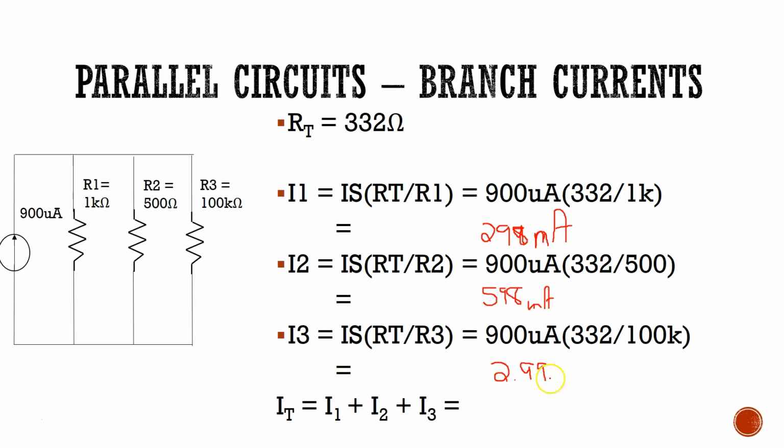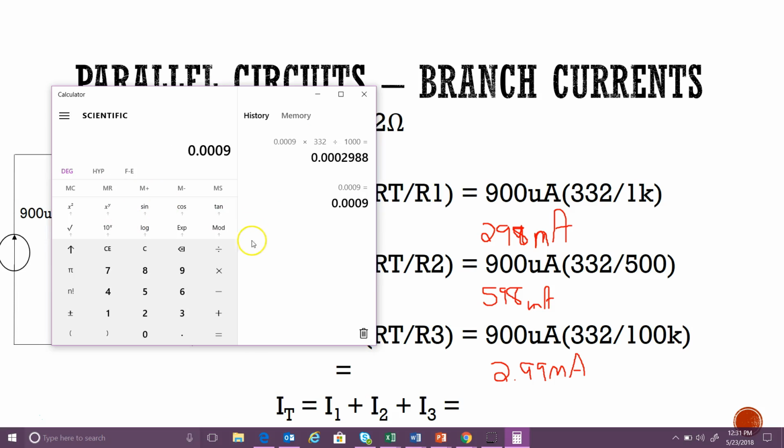So is this, and so is this. We'll come back and look at those. I just had to fix that. Okay, so my 900 microamps times 332 divided by 500 gives 598 milliamps.